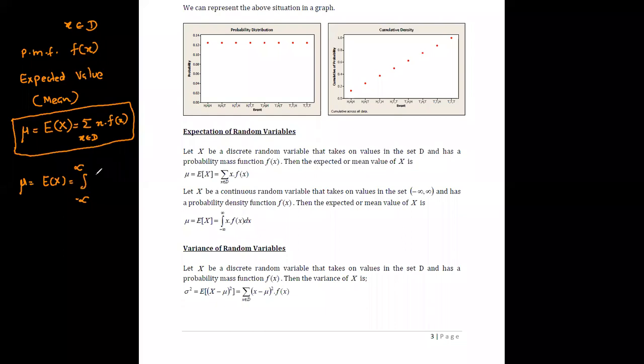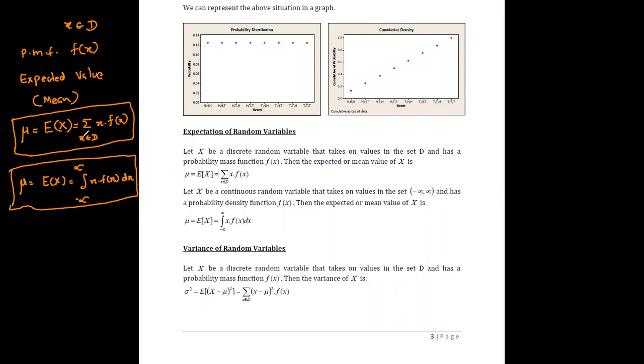Then we obtain x times f(x), and integrate with respect to x. That is how we get the mean value or the expected value for a random variable, and this is said to be the first moment of a random variable.